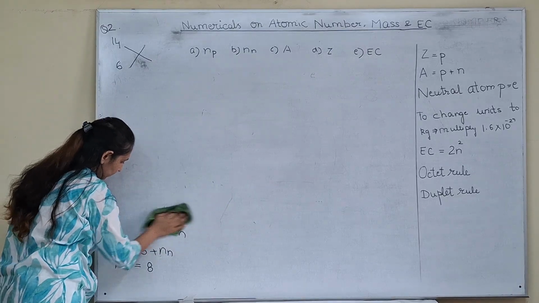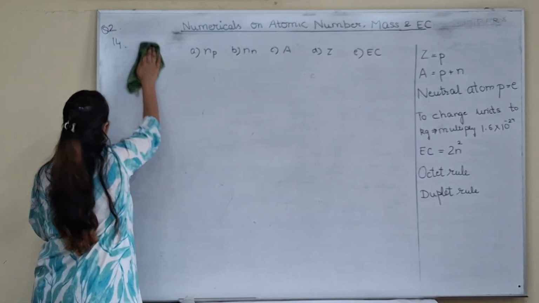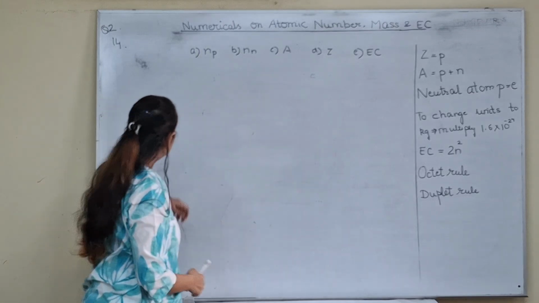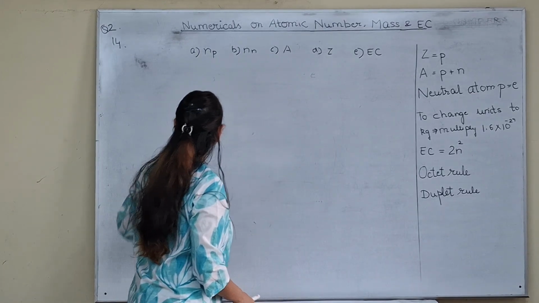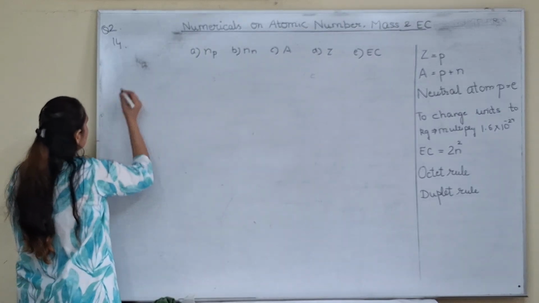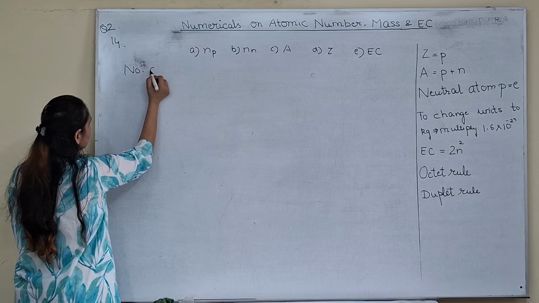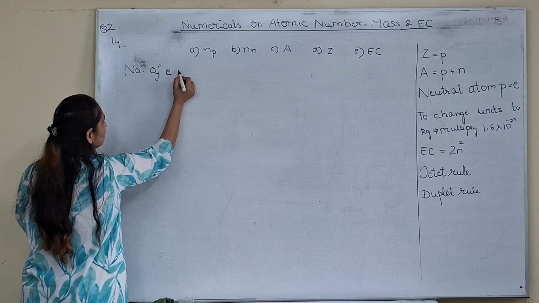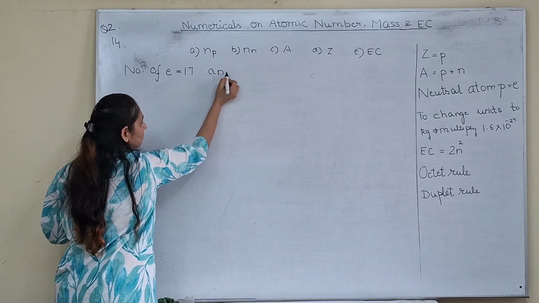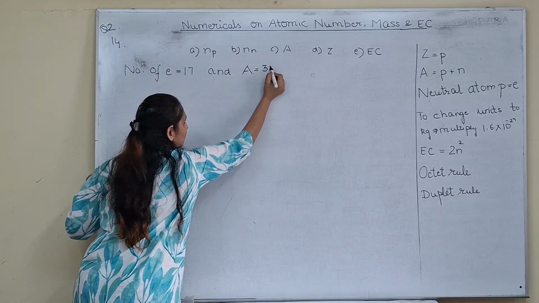One last question, let's take. The number of electrons is 17 and the atomic mass of the atom is 35 units.